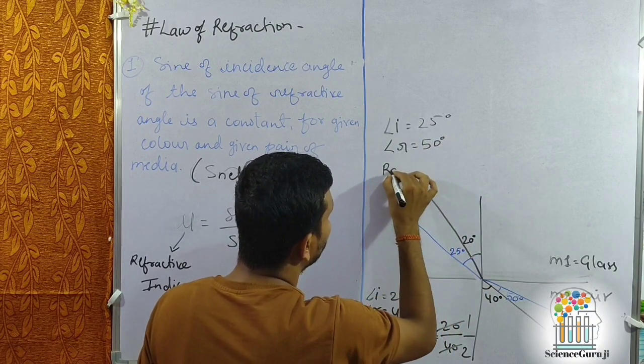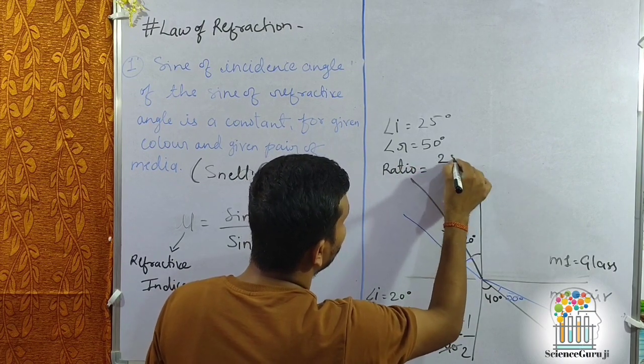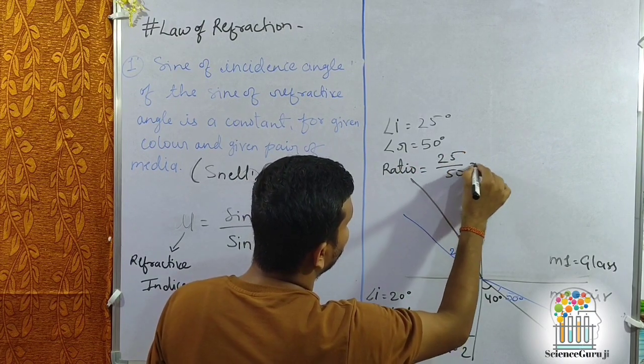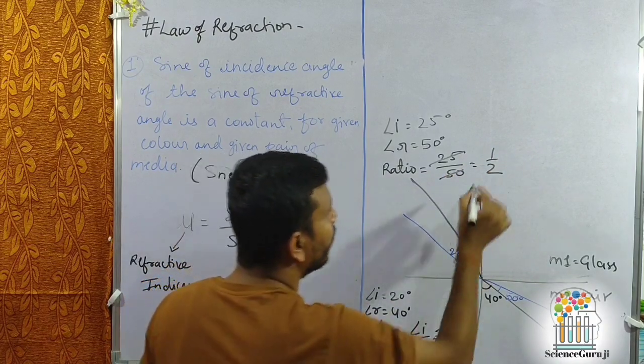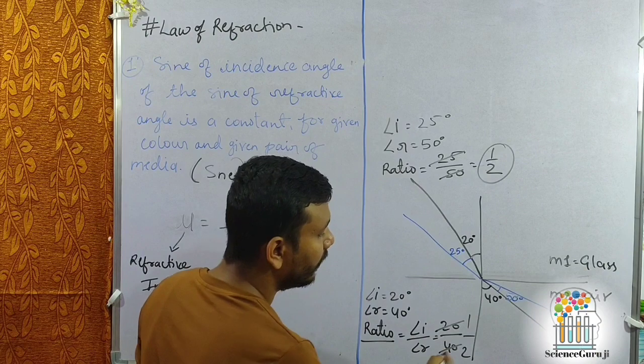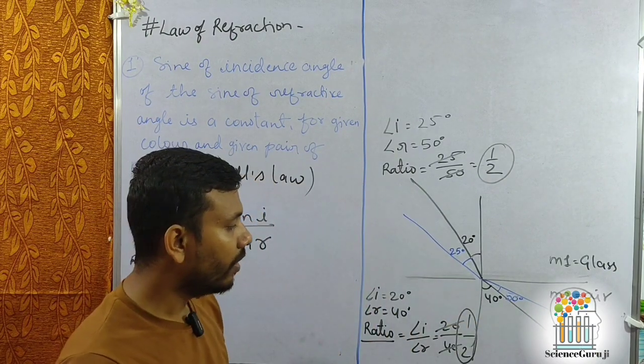The new ratio is 25 upon 50, which is again 1 upon 2. So as we can see, the ratio remains constant.